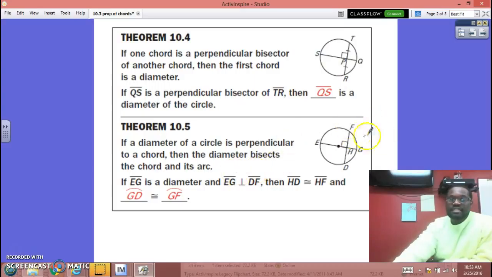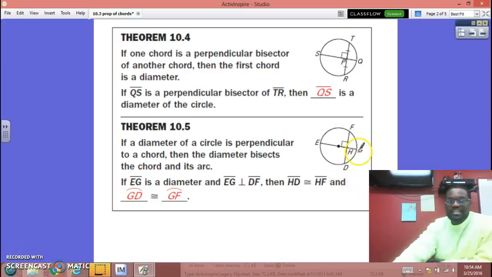And this says if that happens, that EG is perpendicular to this chord FD, and it bisects it, then it also bisects the arc as well. So arc FG is congruent to arc GD.